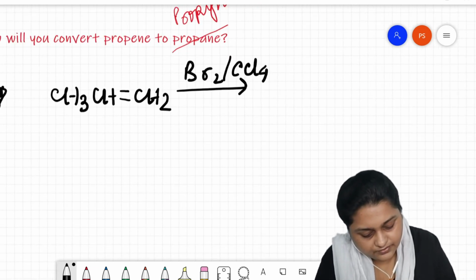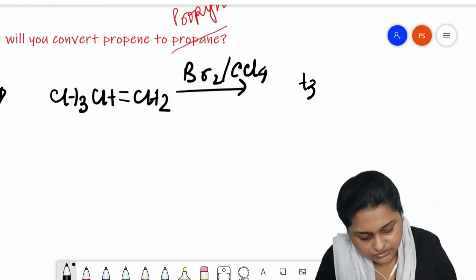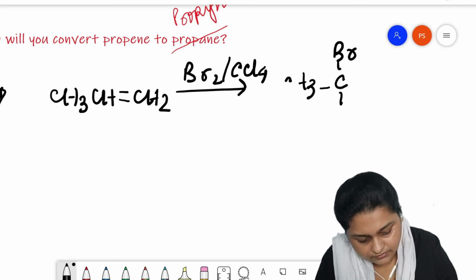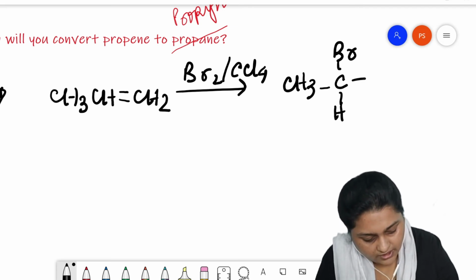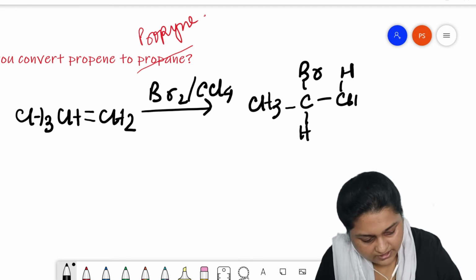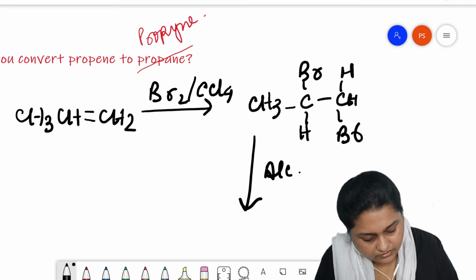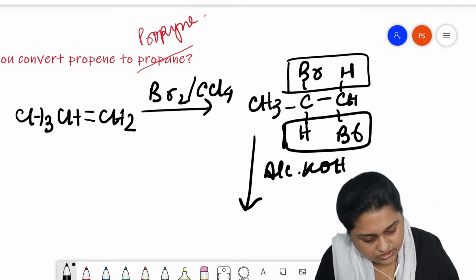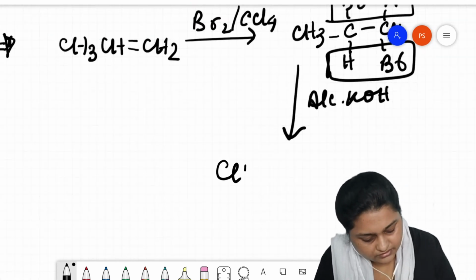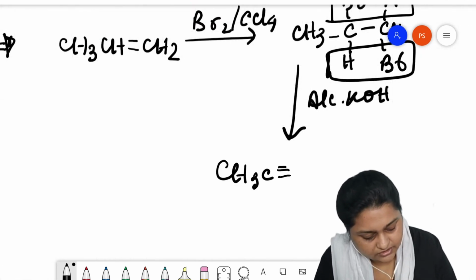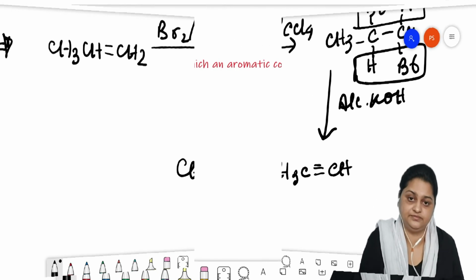This will give this particular product, CH3CHBrCH2Br. At the last step, if alcoholic KOH is mixed and then the mixture is refluxed, 2HBr will leave, leaving CH3C triple bond CH, propyne.